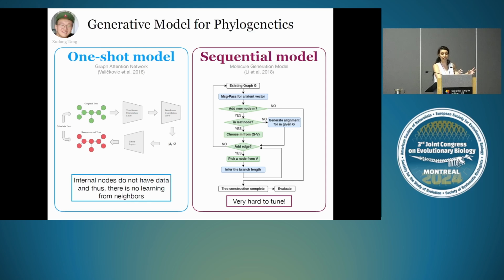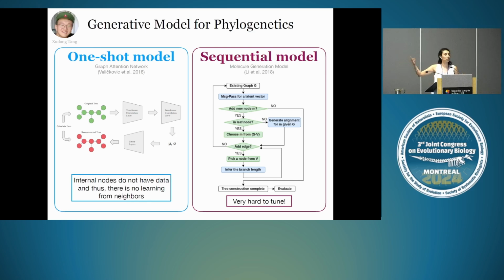Even if there's missingness, there's an expectation that there's data. In phylogenetics, we have a very clear missingness pattern because we only have data at the leaves. We don't have data in any of the internal nodes. And we have ways of imputing that data. We can estimate the ancestral sequence. It turns out that, at least for some of the methods we tried, that doesn't work because you are not gaining new information about the neighboring structure. You are using the leaves to put the data in the parent node, so you are really not learning anything from that. So the one-shot model, we couldn't make it work because we believe, this is our hypothesis, it was the lack of data in the internal nodes.